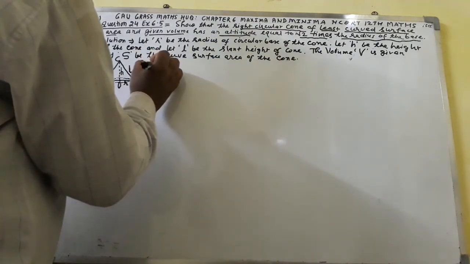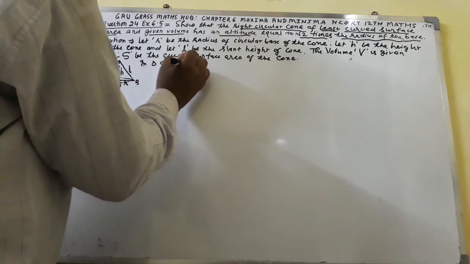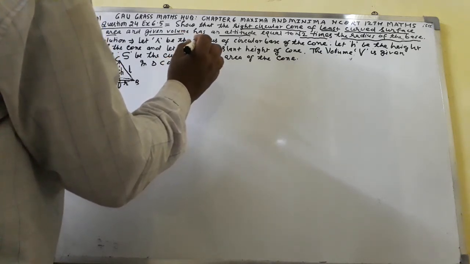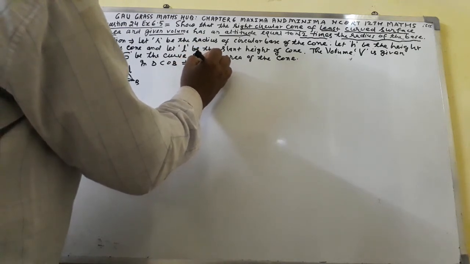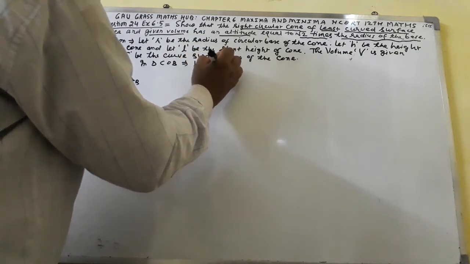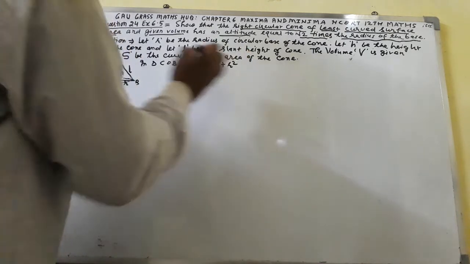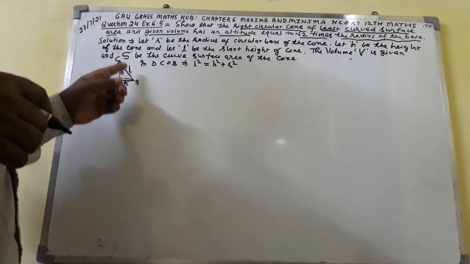In triangle COB, L square equals H square plus R square. Here you can see CB is the slant height.